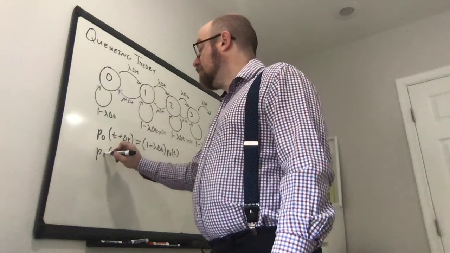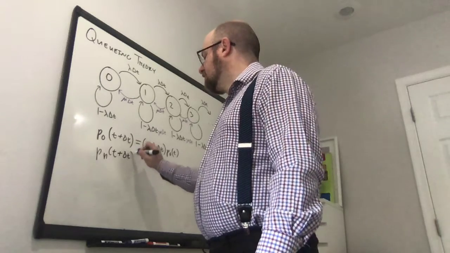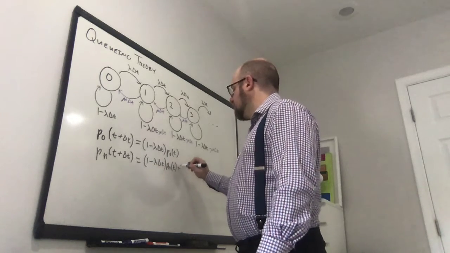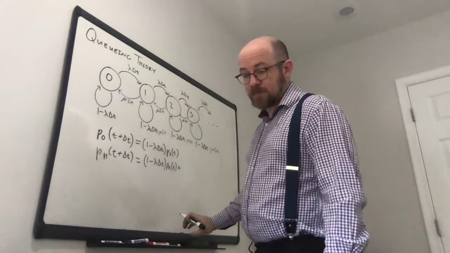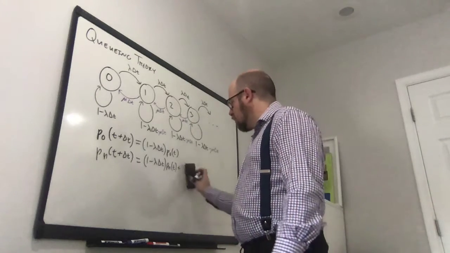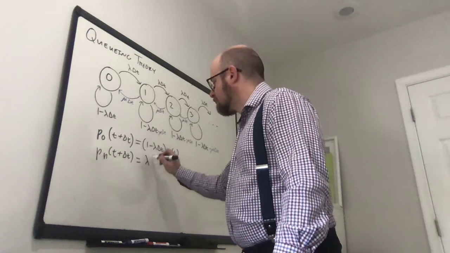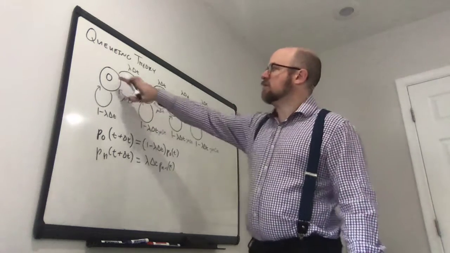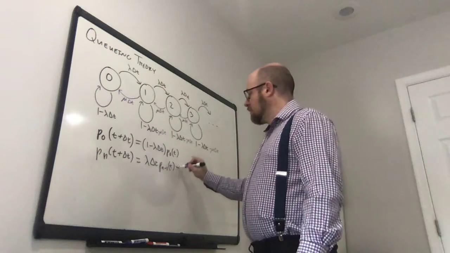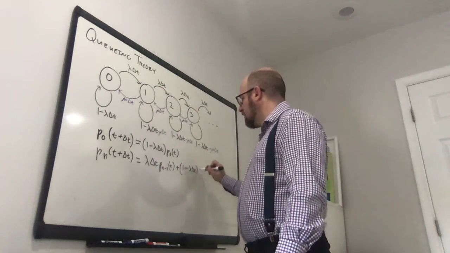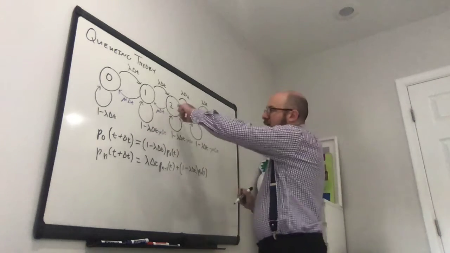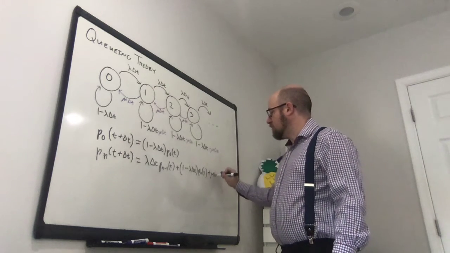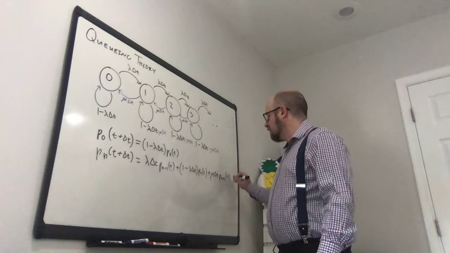And Pn of t plus delta t, for any higher n, is lambda delta t times the previous state, P sub n minus 1 of t, because you're getting lambda delta t from the previous one, plus the ones that stay in that state, 1 minus lambda delta t times Pn of t, plus the ones that came from the state above, when somebody left the line, which is going to be plus mu delta t Pn plus 1 of t.